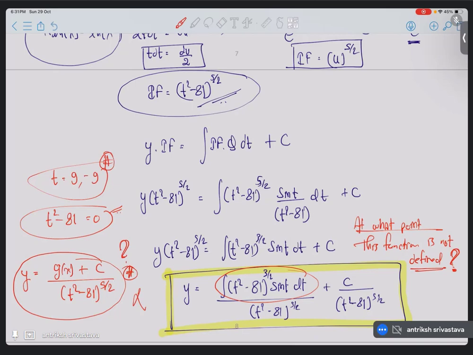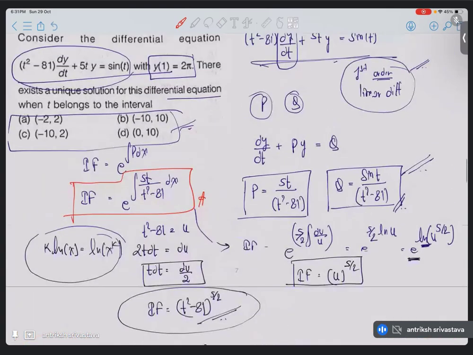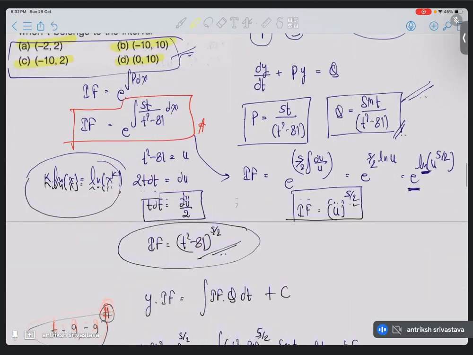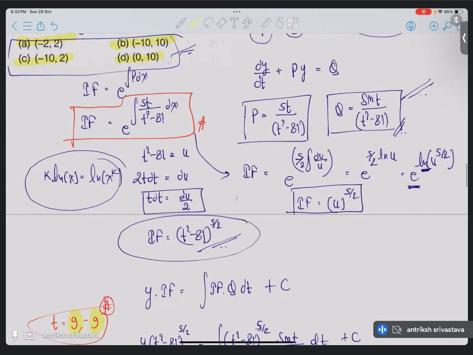Okay, so now we have to see in our question which of these ranges includes one of these two points or both of them.